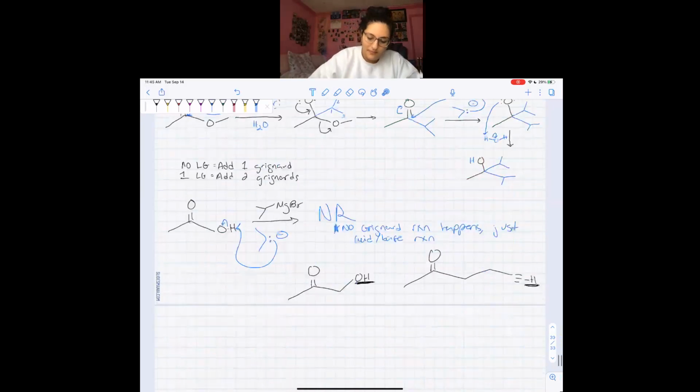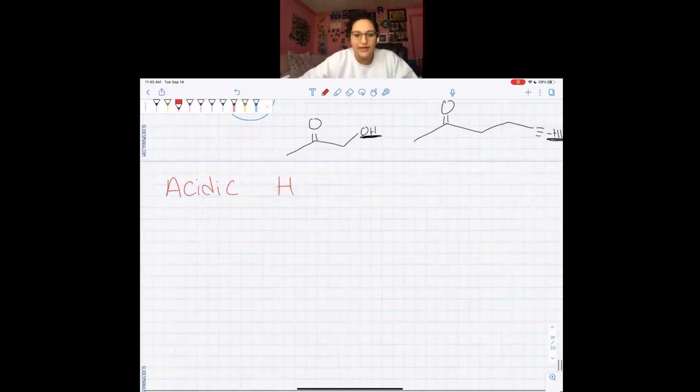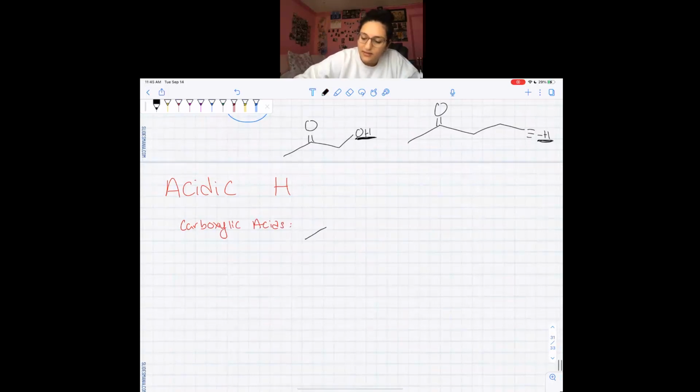So, acidic H. For the Grignard reaction specifically, we're going to count carboxylic acids. So specifically, if we have a carboxylic acid, this hydrogen right here is considered acidic.